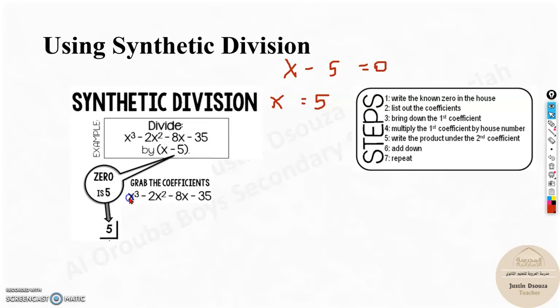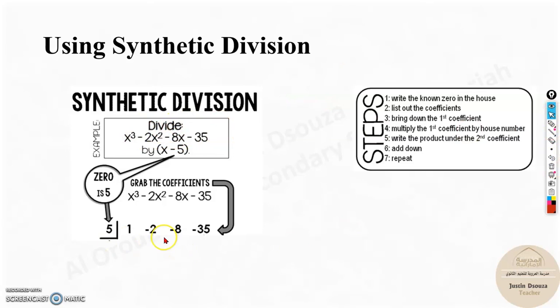You can see over here, the coefficient of x cubed in the dividend is 1, and of x squared is minus 2, x is minus 8, and the last constant is 35. Remember, you must write this in descending order of degrees. It must be the highest degree first. Over here it's 3, 2, 1, and then constant or 0. So this is how we write it.